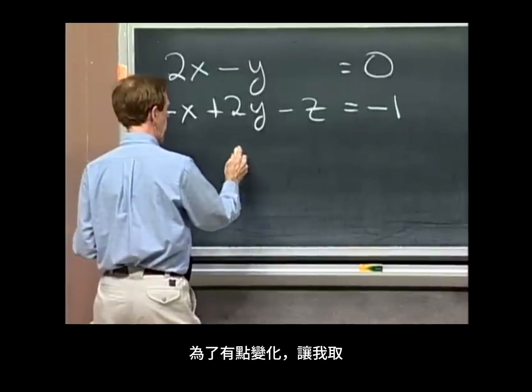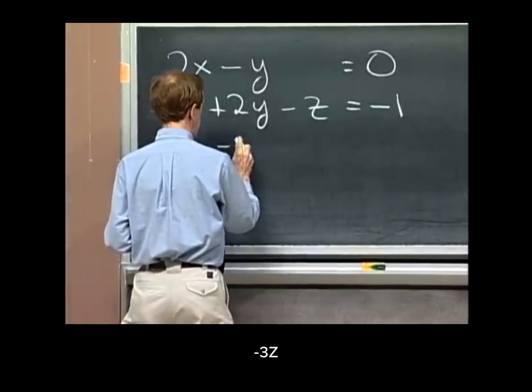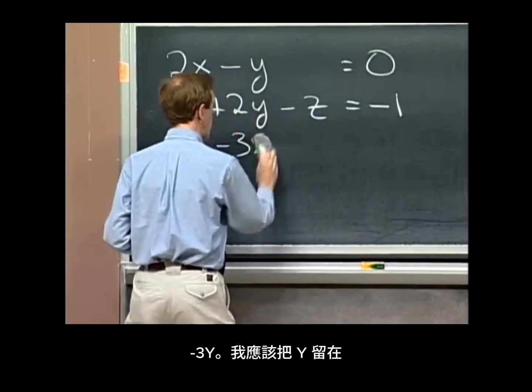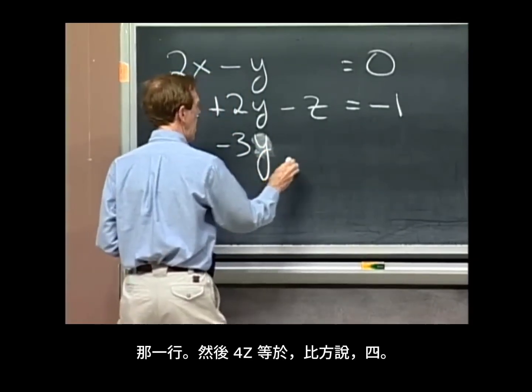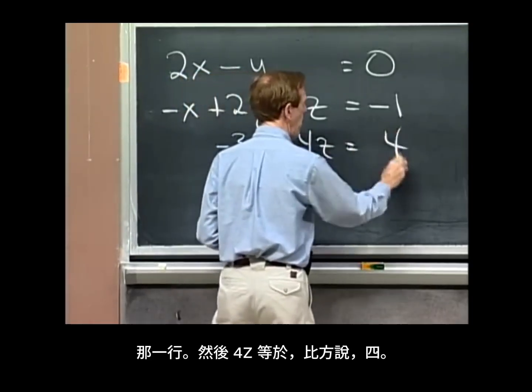And just for variety, let me take minus 3y's and 4z's. I should keep the y's in that line. And that equals, say, 4.